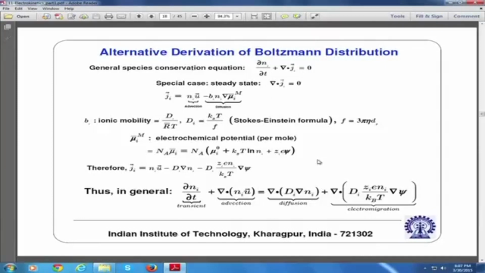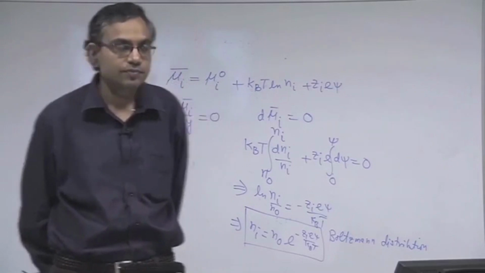If you recall, in one of the early lectures we derived all the conservation equations, and there we derived the species conservation equation. We will refer to it, but in this case you have to be careful because here there are species which have charges. In many chemical engineering applications we are talking about species which are not charged, but here we are talking about charged species.